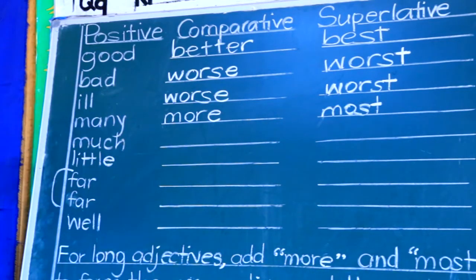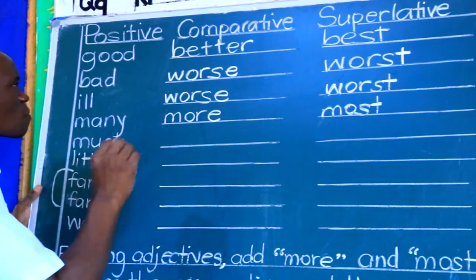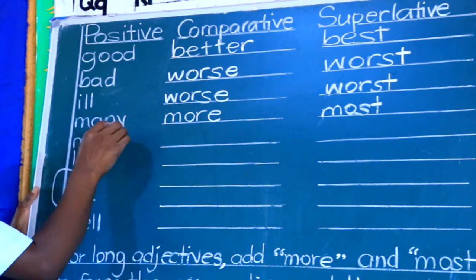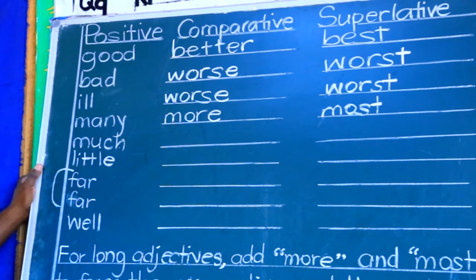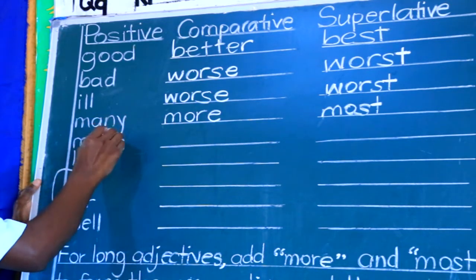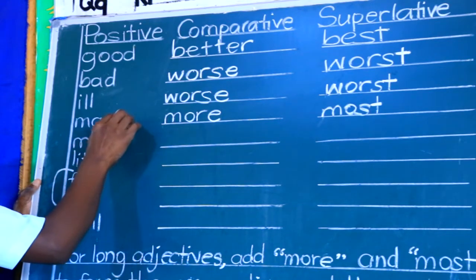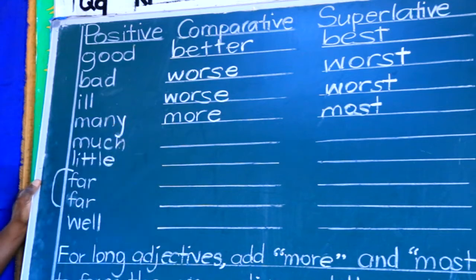Next is much. Much, just like ill and bad, shares the same comparative as many. However, much is used with uncountable nouns, things you cannot count, like water, salt, sugar, dust, air. You can't say there's many air today. No, there's a lot of air today. Other uncountable nouns also take much.